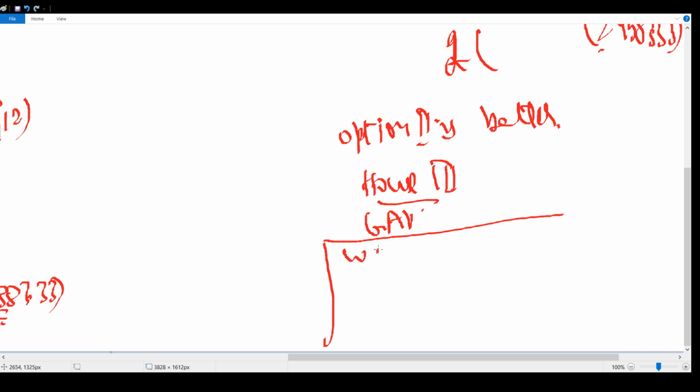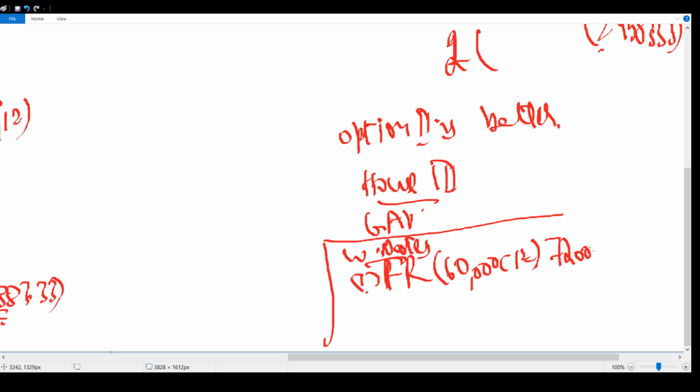Working notes. First, fair rent, 60,000 for 12 months, 7,20,000.